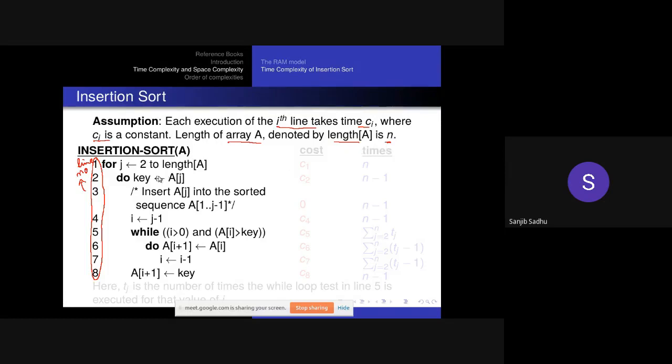So tell me, in this case, how many times are these statements executed? The first line is executed for how many times?